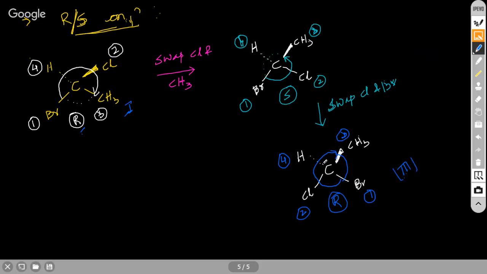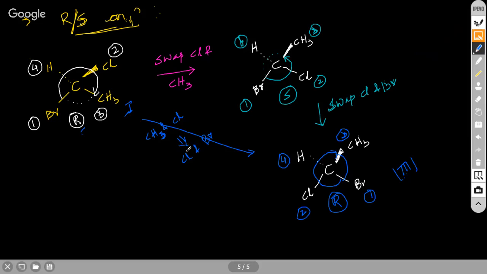And to get third from first, you have to swap two pairs: CH3 and Cl first, and then Cl and Br, correct?